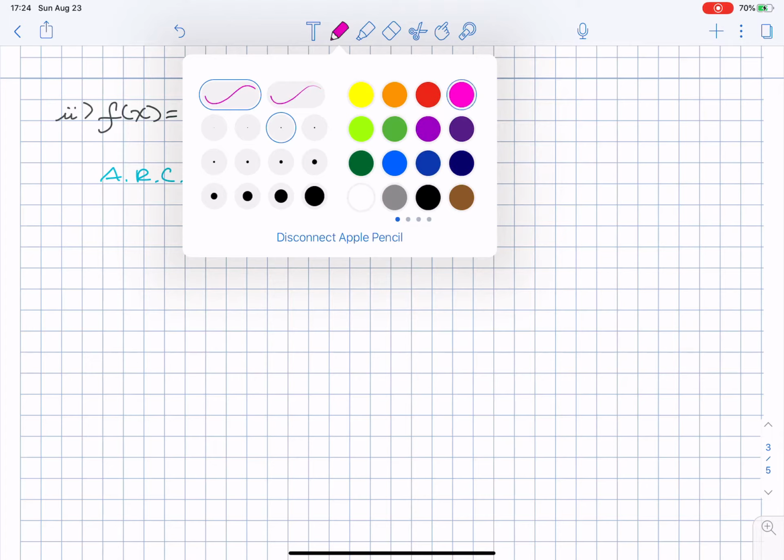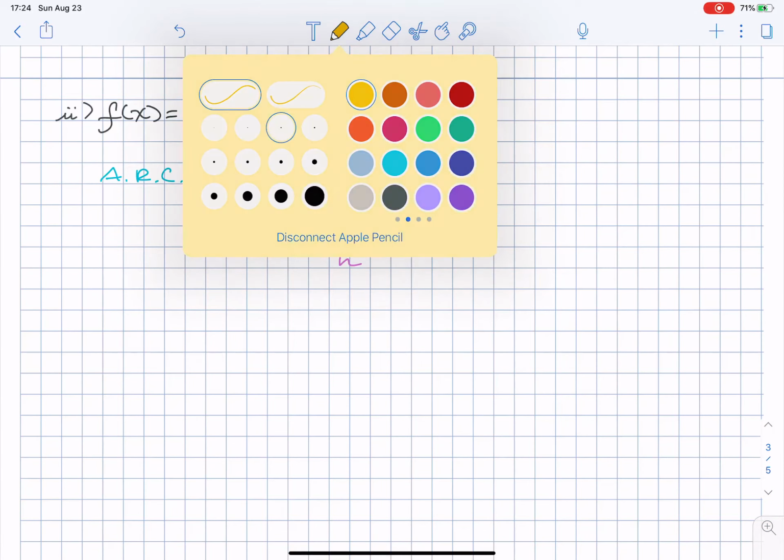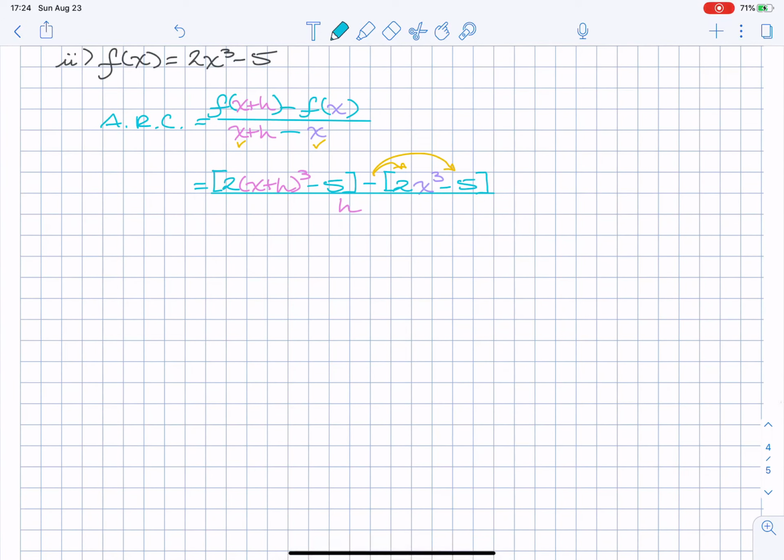Notice that the x's, actually let me do this in yellow, x minus x reduces, and I'm left simply with an h in the denominator. So now we need to do 2 things. We need to distribute this negative, and we need to expand the trinomial x plus h cubed.